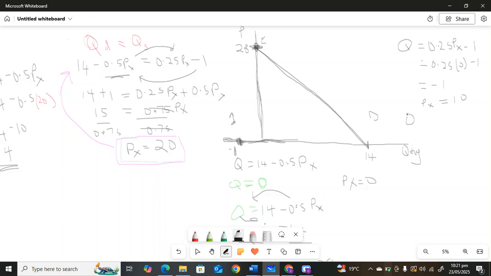You substitute it back into our supply function: 0.25 times 10 minus 1. 0.25 times 10 is 2.5. 2.5 minus 1 is 1.5.